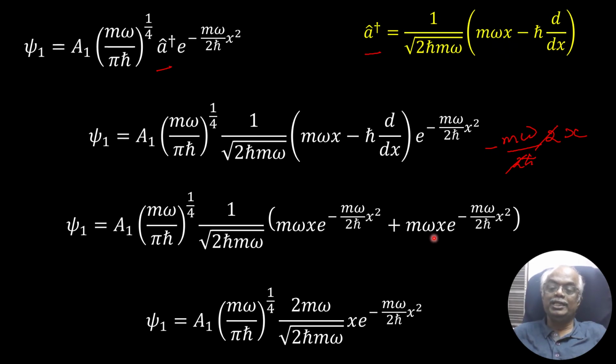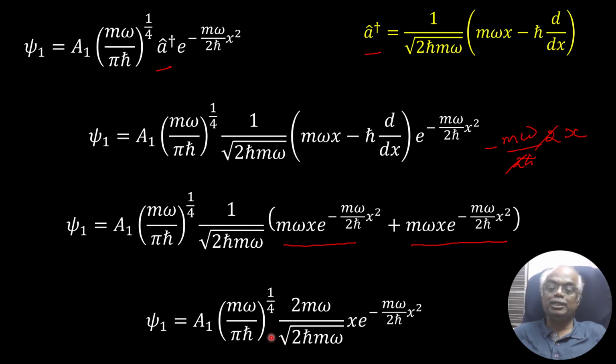Plus m omega x, this ħ will get cancelled with the ħ in the denominator, and of course you have x and the exponential term. Here you have the same term repeated twice, so we can write this as 2 m omega x times this exponential term. The exponential term is a constant and x also is a constant. m omega plus m omega, you will get 2 m omega.